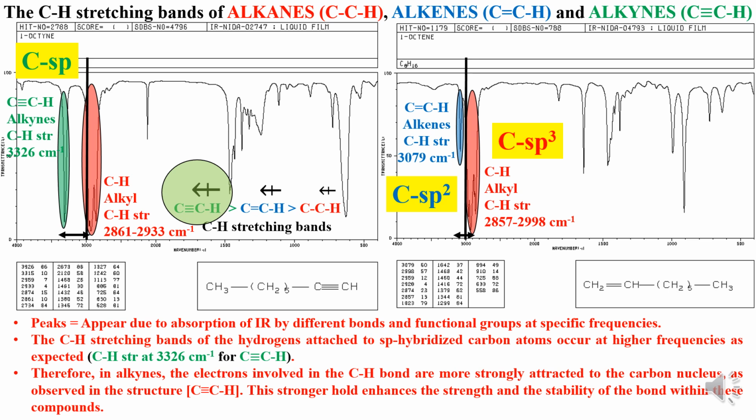So the CH bond in case of alkyne is more polar and stronger as compared to the CH bonds in alkenes and alkanes. So that is why you see a strong and sharp peak for the CH bond in case of alkyne at a higher frequency or a higher wave number.